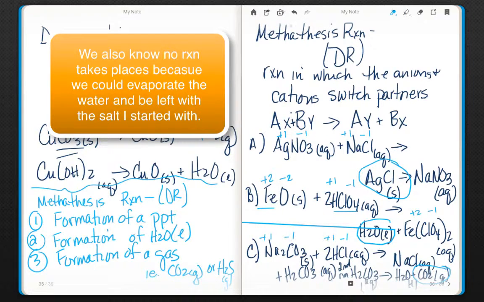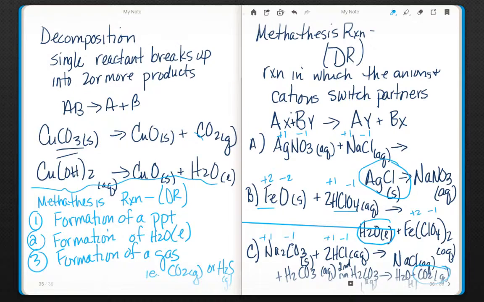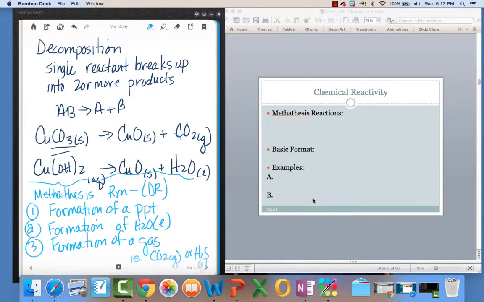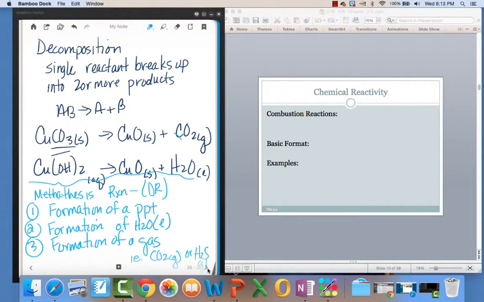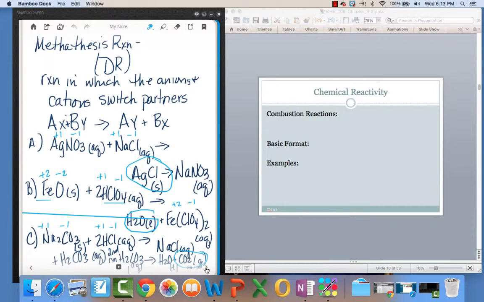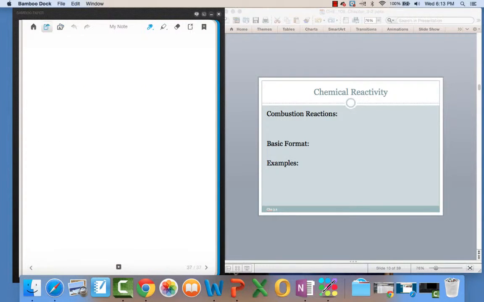But I do have one more reaction. Combustion reactions. These are rapid reactions that produce a flame.